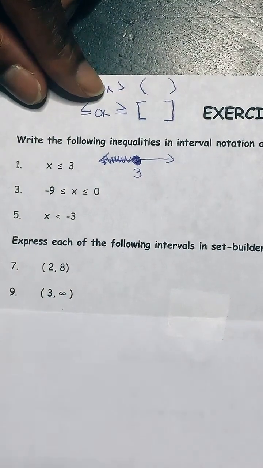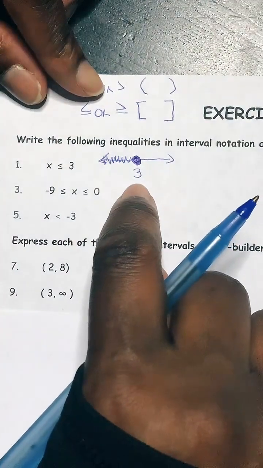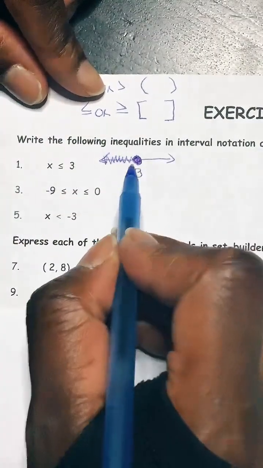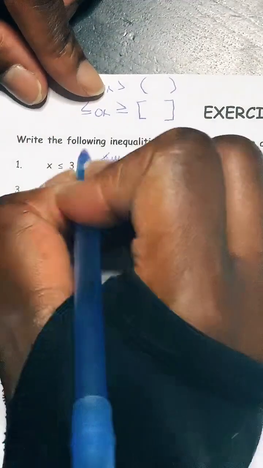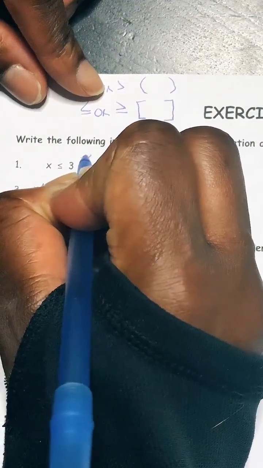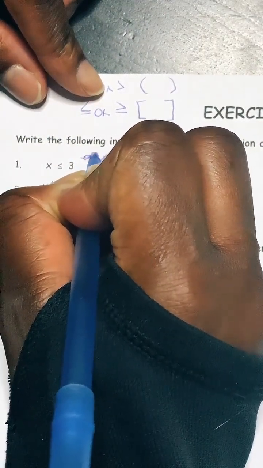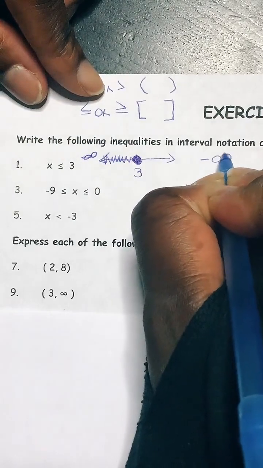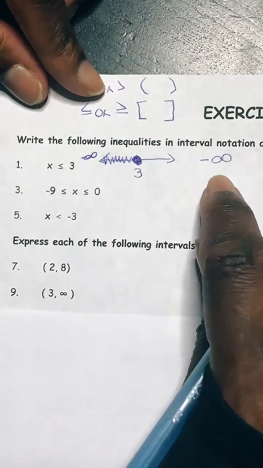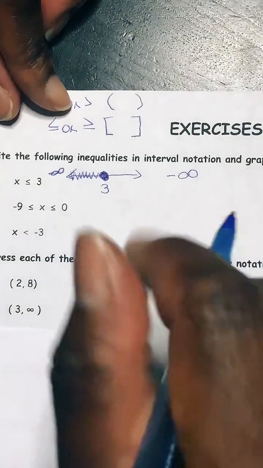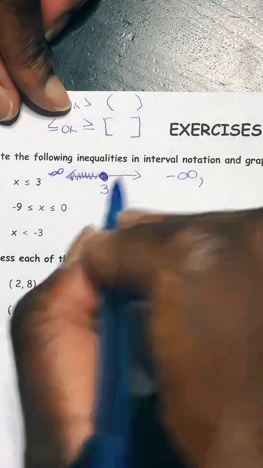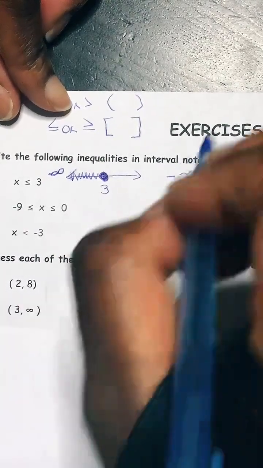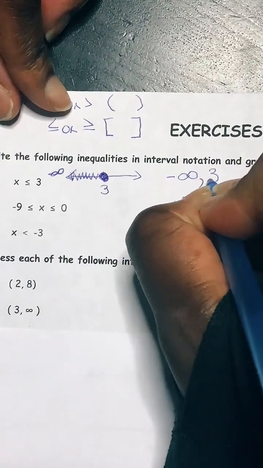Okay. So now, with this information, I know that this graph is going on and on and on all the way to negative infinity. So I'm going to write my lowest number is negative infinity. The lowest number always comes first. And the highest number in this case is 3.